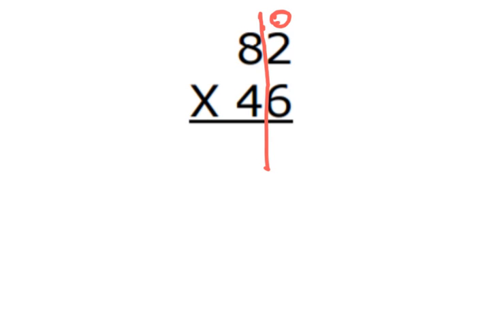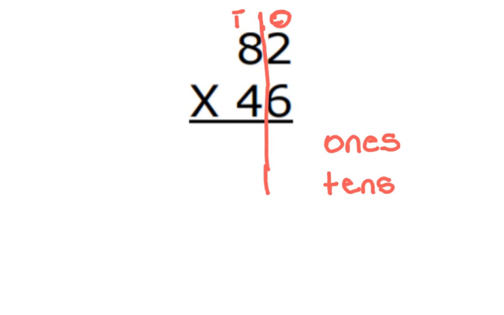For teaching purposes, I'm going to label my places. I'm going to label this first row as the ones place, and because we have a digit in the tens place, I'm going to label that the tens place.